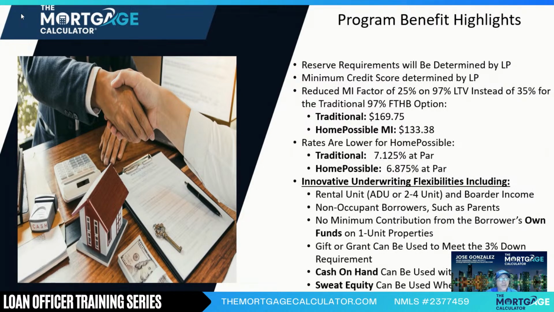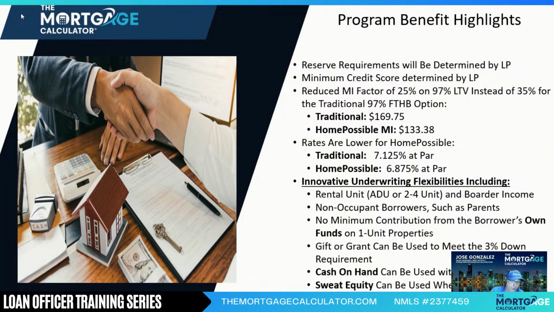We did discuss the reduced MI factor of 25% coverage on 97% LTV instead of the 35% coverage that is the requirement for traditional 97% first-time homebuyer options. The spread between the two options, and this was for a $485,000 loan on a $500,000 purchase, the difference between MI on the regular product and MI on the affordable product is about $35 more or less, but that's free money.